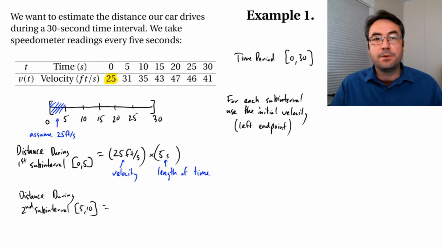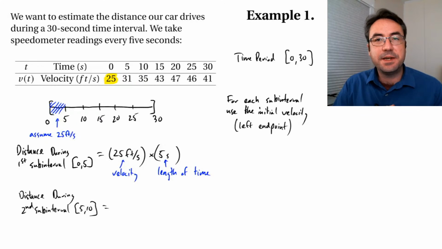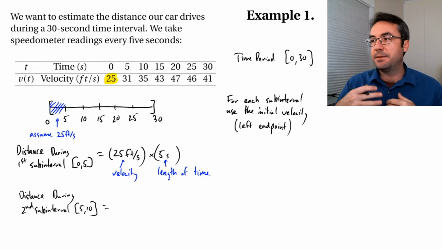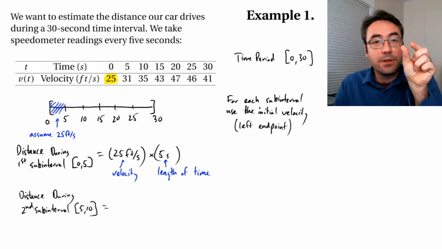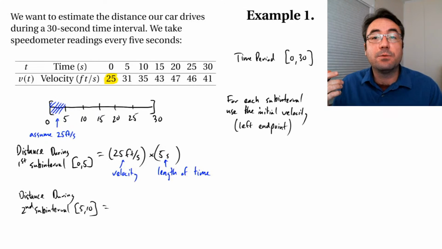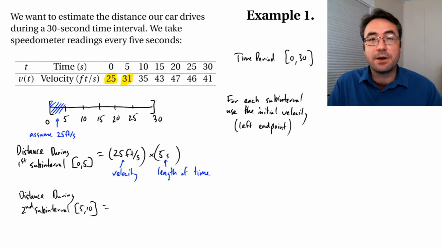And so we have a choice: which velocity reading should we use? Like we said, we're going to use the initial velocity for that subinterval. So in this case, we're going to look at the velocity at t equals 5, the left endpoint of our subinterval. And our velocity at t equals 5 is 31, based on our chart there.